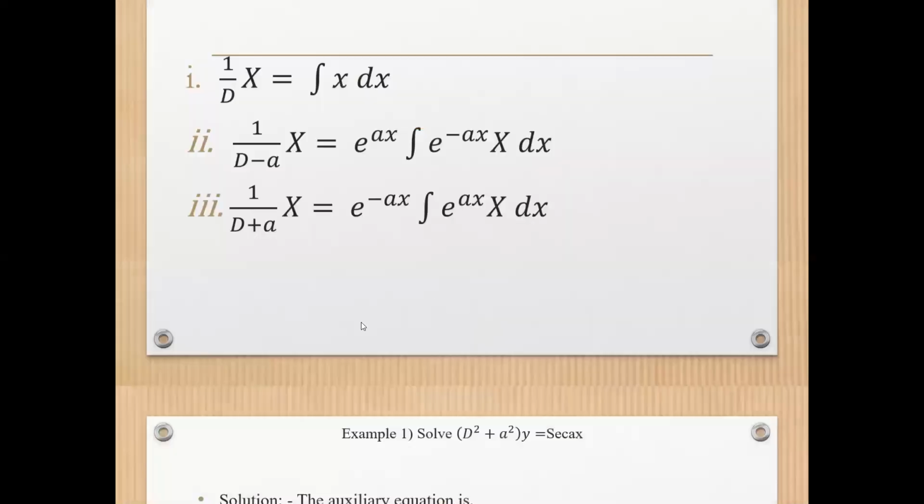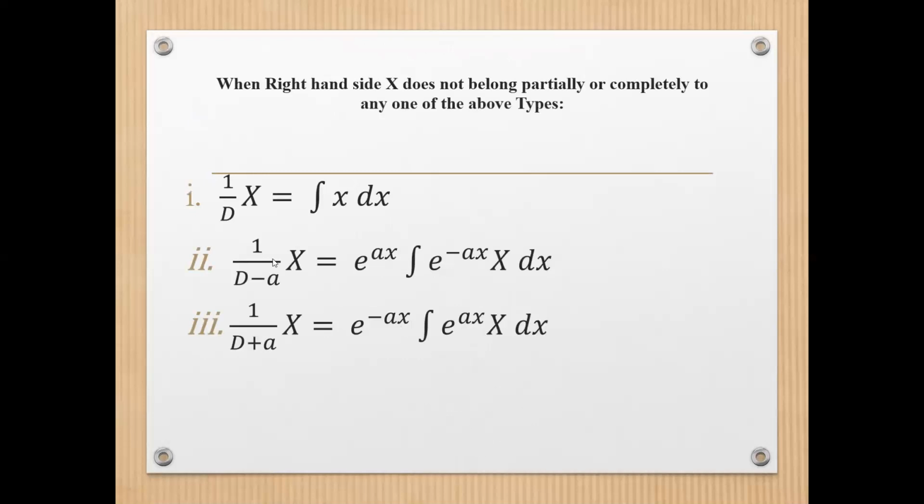So here is a quadratic expression. In order to use formula 2 and formula 3, it is necessary that the denominator be a linear factor of the form D minus a or D plus a. Whenever the factor is of the form D minus a, we use this formula. Whenever it is of the form D plus a, we use this formula. So it is necessary that the denominator has a linear factor.